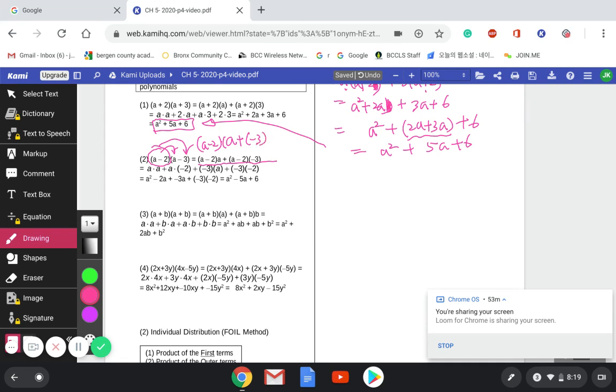I mean, why did I do that? I don't know. But when I made this one, I particularly did it this way. And then distribute this 2 and distribute with that. And you get this answer. Okay.